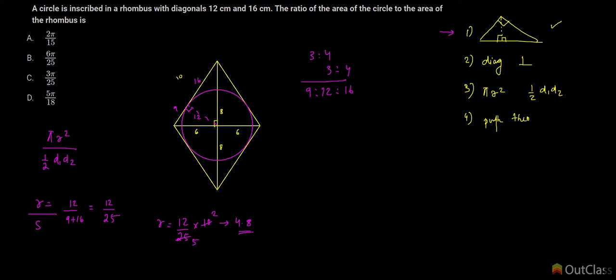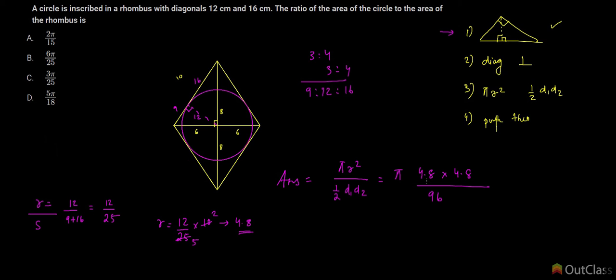Now we are just one step away from the answer. We just have to evaluate this. Answer is equal to pi 4.8 square, which I'll choose to write as 4.8 into 4.8, because you will see that half d1 d2 is 6 into 16, 96. 48 by 96 is 1 by 2.